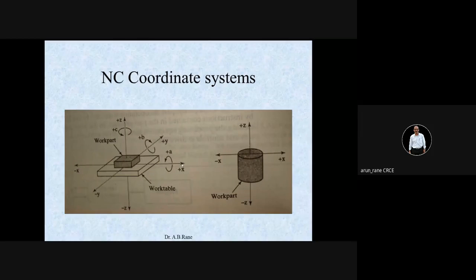The vertical axis is the z-axis. The transverse axis is the y-axis. And this is for the lathe machine. Always remember, or write down, the axis which is parallel to the spindle is called the z-axis.